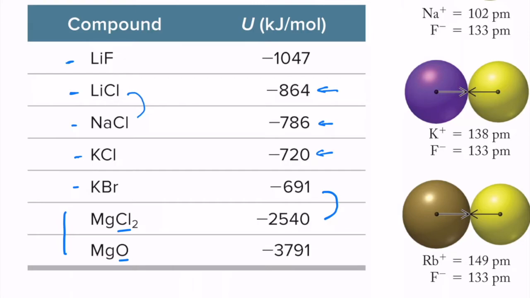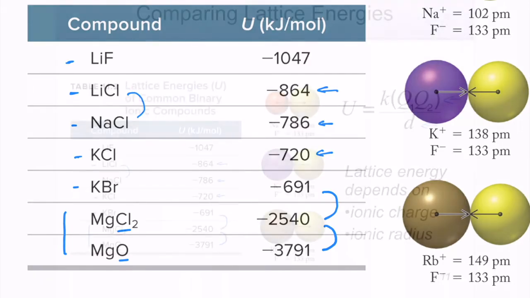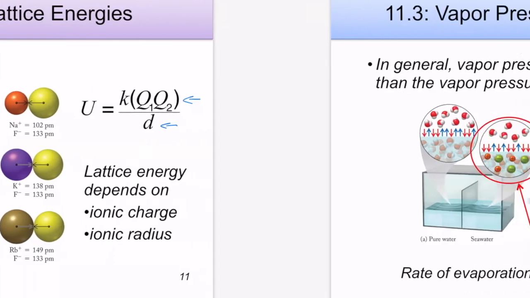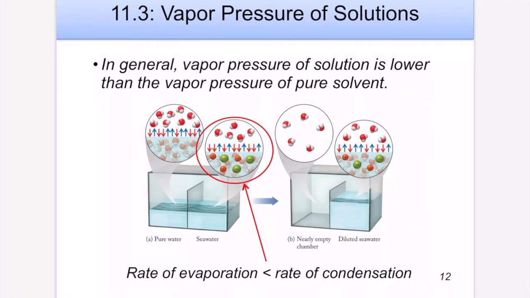And maybe it's a little bit more directly comparable to, say, lithium chloride or sodium and potassium chlorides. Okay, it's still quite a bit larger number. And then magnesium oxide is another jump because we have a -2 charge on the oxygen. So that's about all I need you to know about the lattice energy.